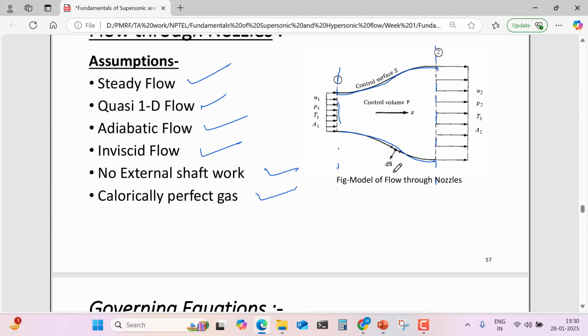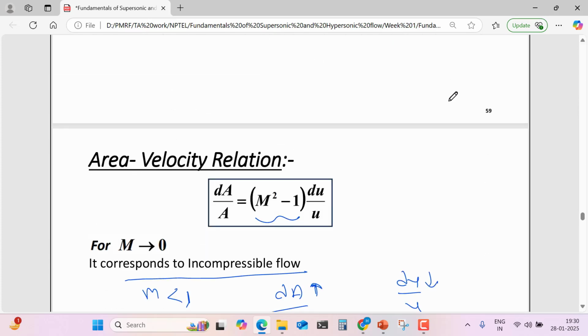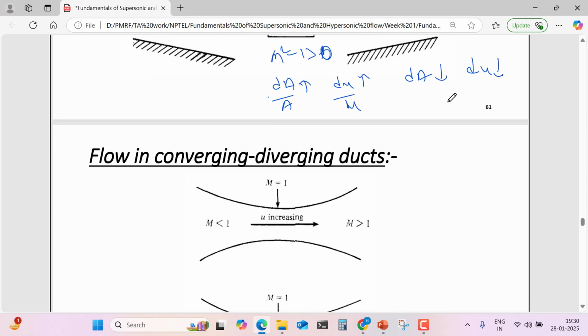Before, by mistake, I told this is a CD nozzle, but this is only a simple nozzle also. In a CD nozzle, generally, it is a combination of converging and diverging sections. So this is the CD nozzle, this is the converging part, and this is the diverging part.